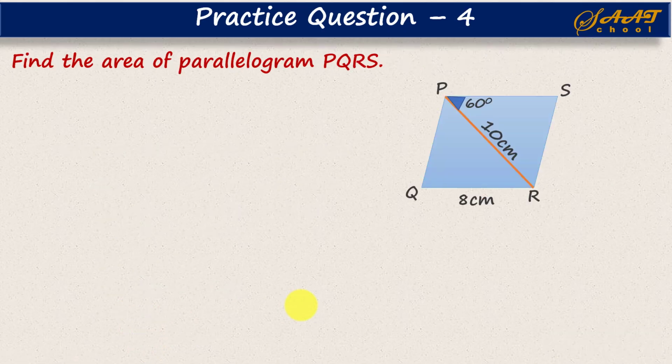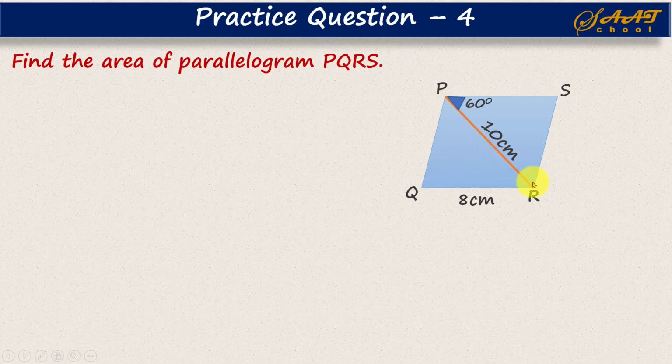Now here is practice question 4. You have to find the area of parallelogram PQRS. Now we know the area of this parallelogram PQRS is double the area of this triangle or this triangle, because we have here a diagonal.